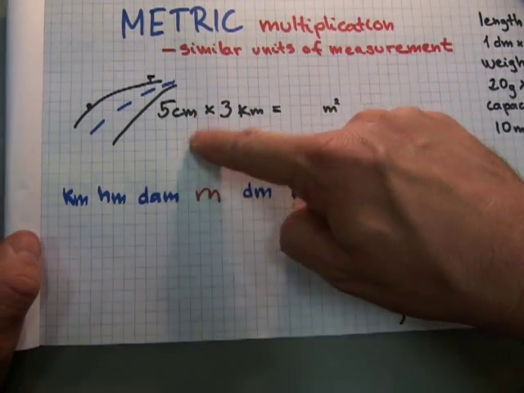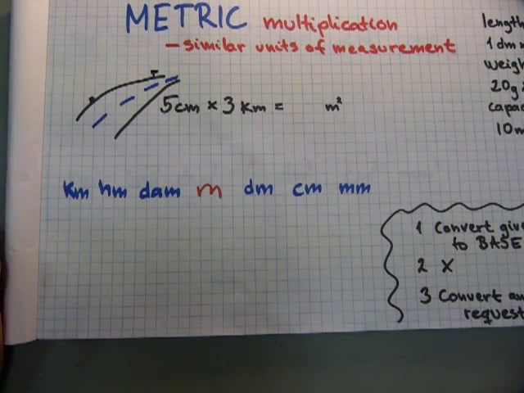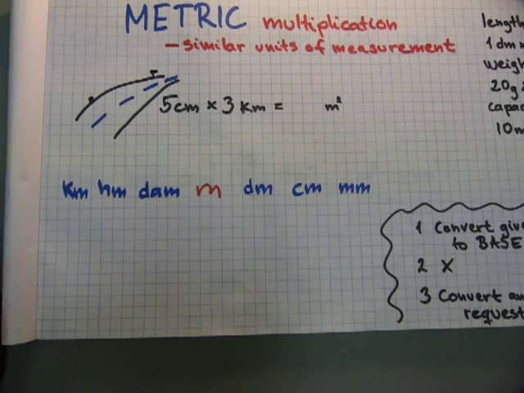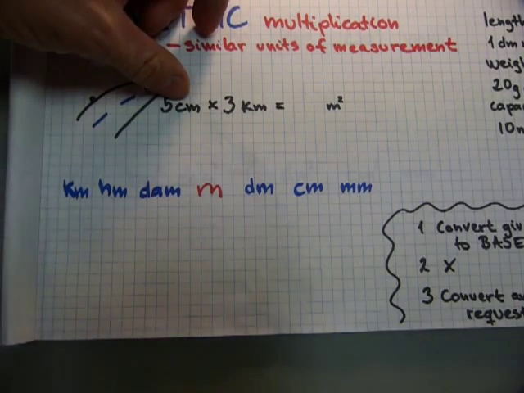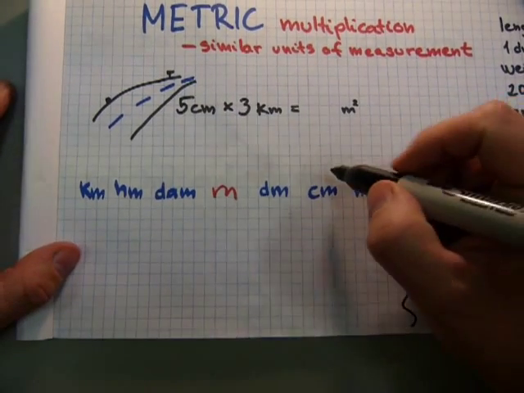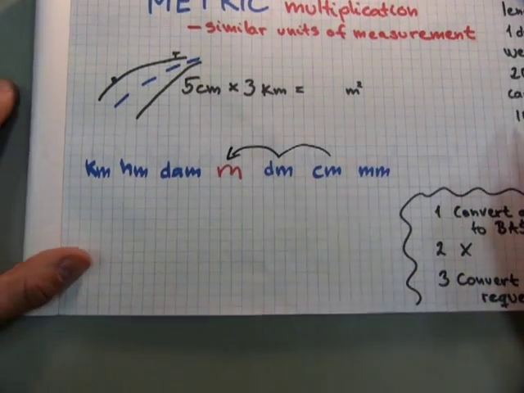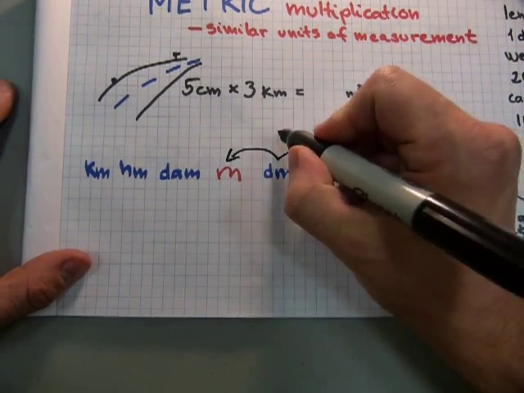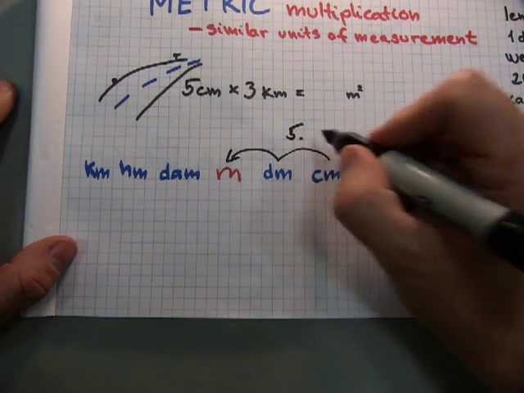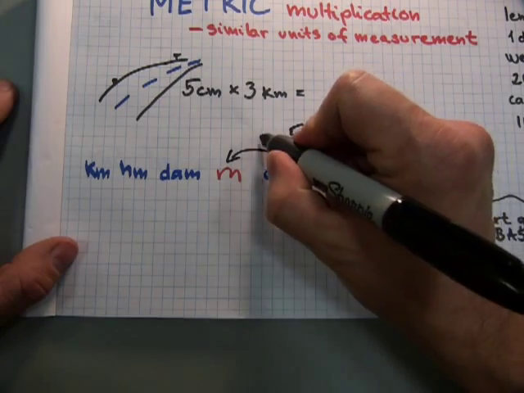Well, we're going to convert centimeters to meters and kilometers to meters, and we're going to need square meters as the final answer. It's going to be fairly straightforward. How centimeters are converted to meters is standard procedure. Start at centimeters. That takes 2 jumps, so you write down the amount 5, and you're moving the decimal dot. 5 is the same as 5.0, so you move the decimal dot 1 spot, 2 spots.